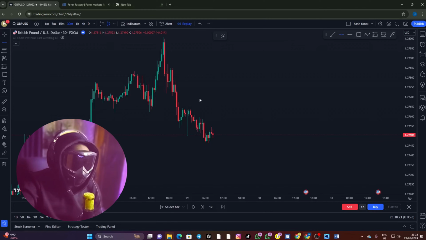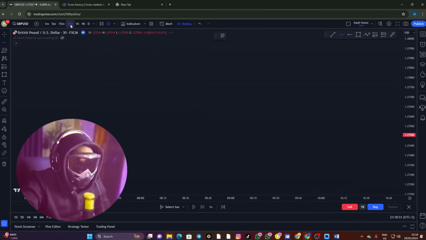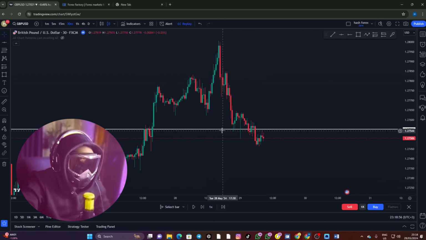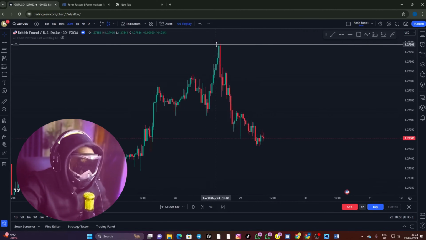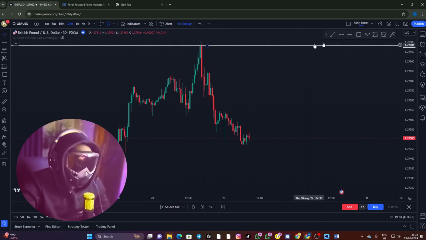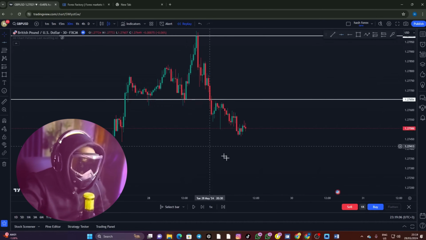The first thing that I'm going to do is identify my zones of resistance and support, and identify the trend. So I'm going to go to my 30 minutes. Then I'm going to identify this resistance here, and having that support on that zone.